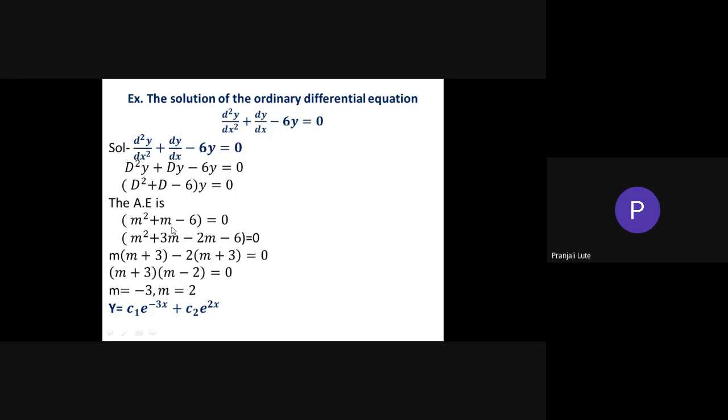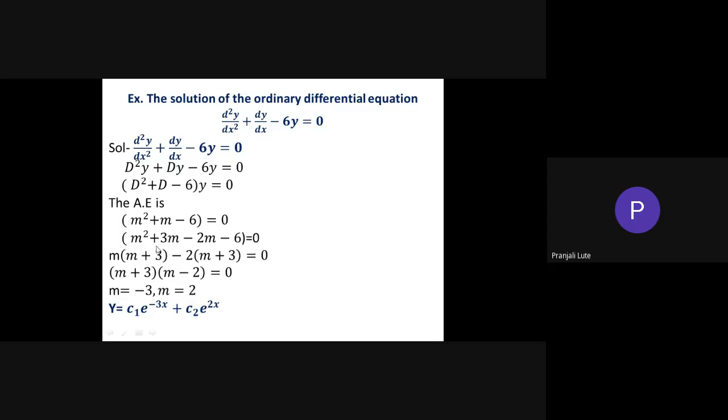You have to split the middle term into two numbers whose sum will be 1 and product will be minus 6. So we select the numbers 3 and minus 2. So the equation can be written as m square plus 3m minus 2m minus 6 equal to 0.